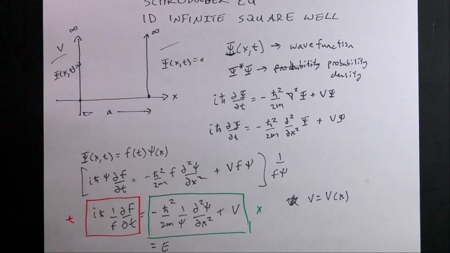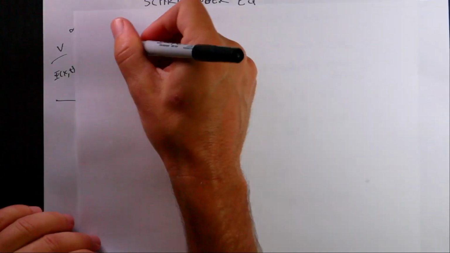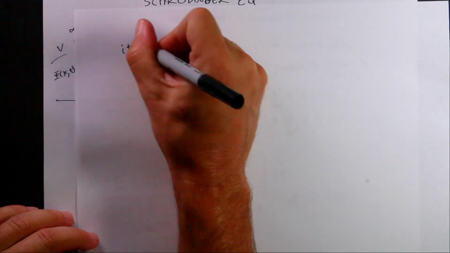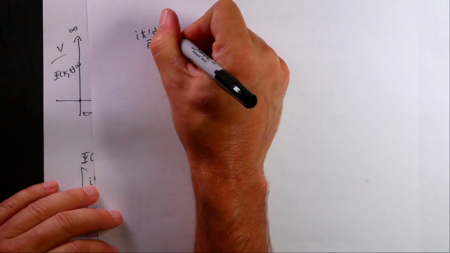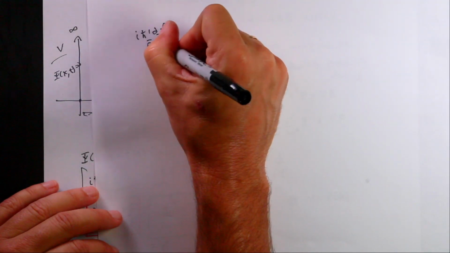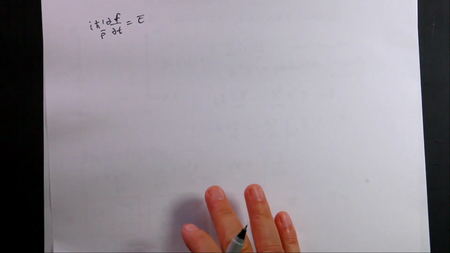So I have i h bar times 1 over f partial of f with respect to t equals E. That's my differential equation. And this isn't too difficult to solve, right?